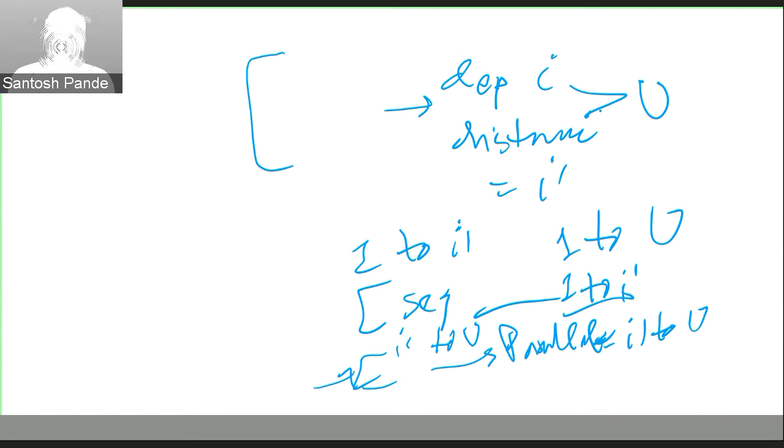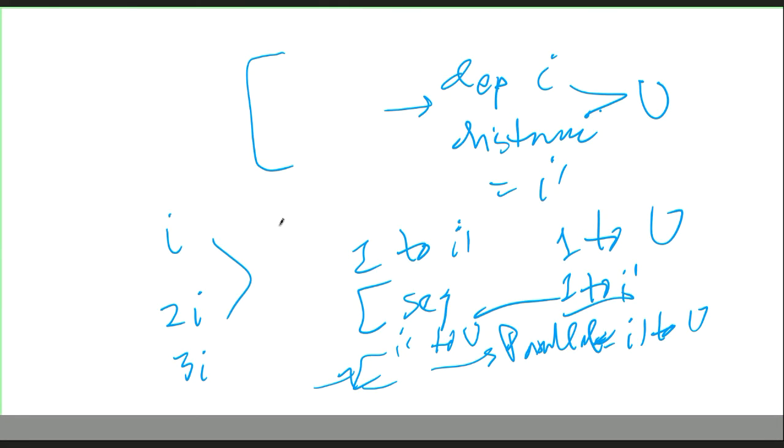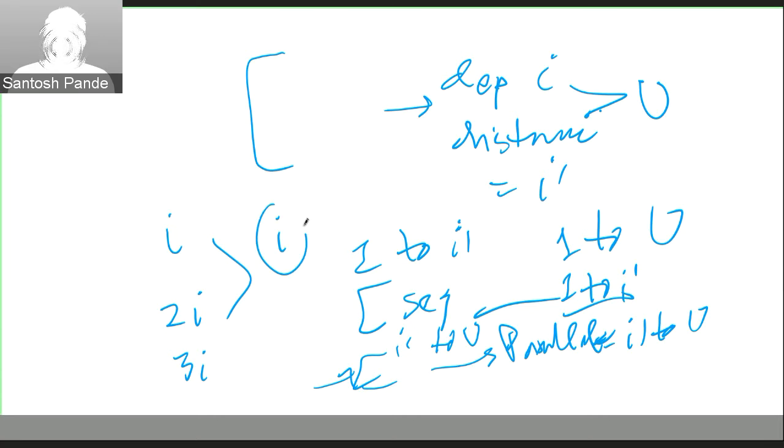The consuming and producing iterations, the distance between them just keeps growing, which could be attributable to the first one being just a function of i and the second one being maybe 2i or 3i, something growing much faster. So the distance between these two will keep growing.